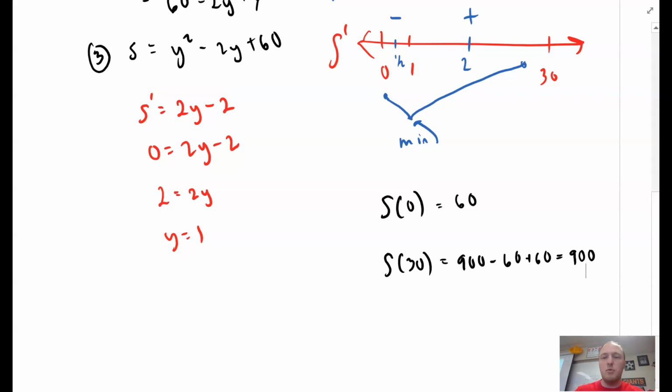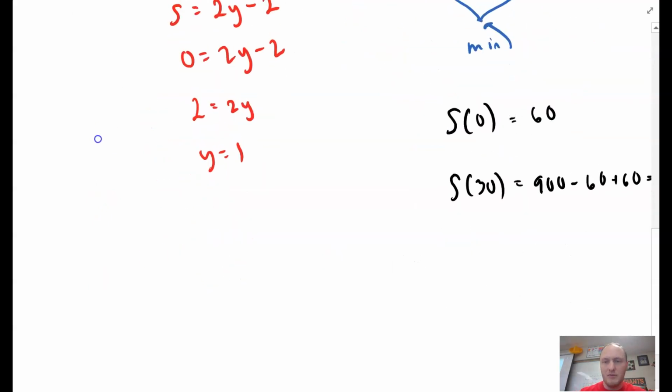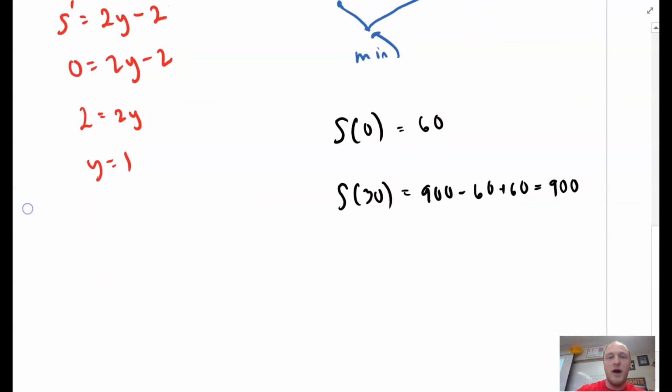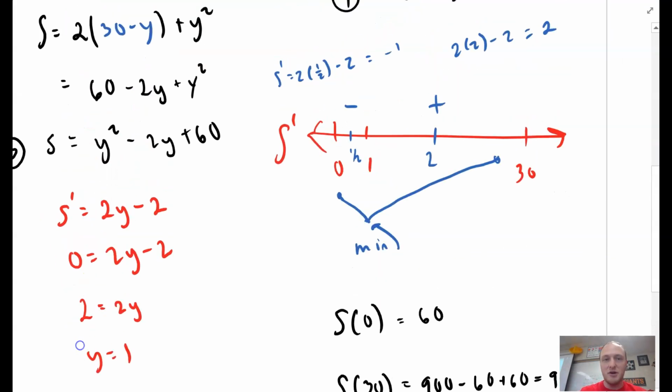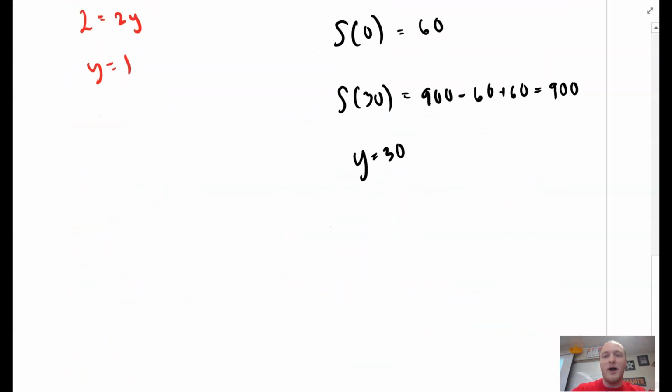All right, so what is our conclusion? Note that y is 30. That's where it's maximized. And if y is 30, then what does that make x? Well, I know that x plus y must equal 30, so if y is 30, then x is equal to 0.